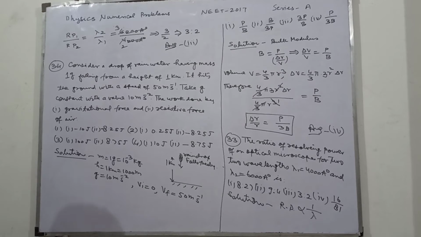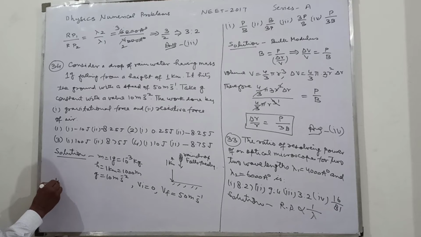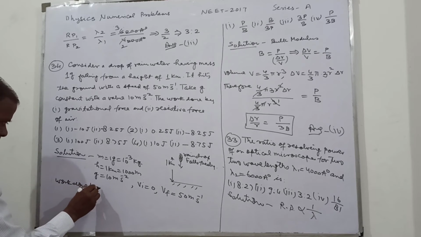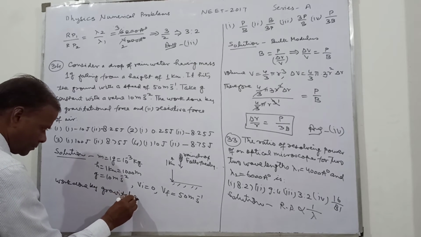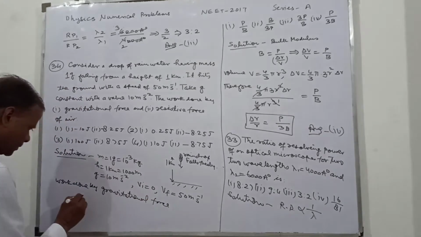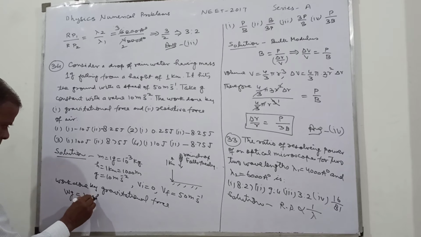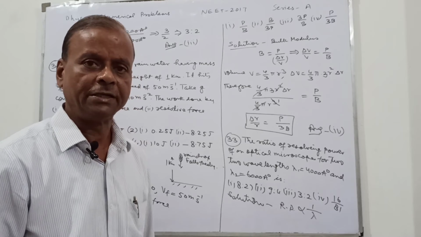So work done by the gravitational force, Wg, is equal to mgh, the gravitational potential energy.